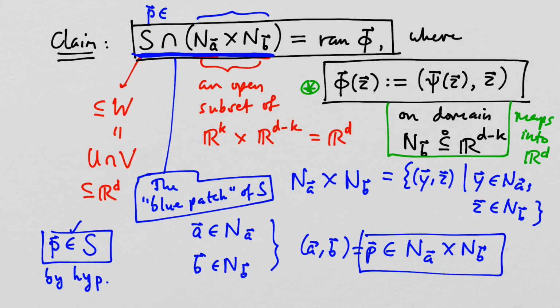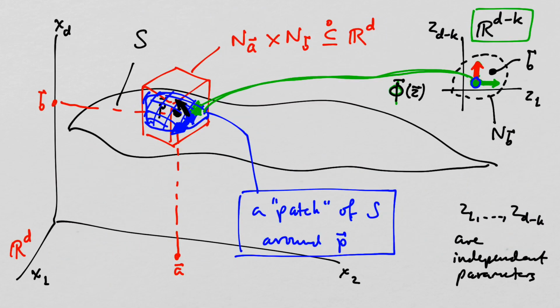Not only does the point phi of z move around on that patch as z moves in its neighborhood, but in fact phi of z completely covers that blue patch, because that blue patch is exactly the range of the function phi. So every single point on that blue patch is the value of phi of z for some z. The image of this point z as it moves around under the mapping phi totally covers every single point on that blue patch. Okay? And that's really what the claim is saying.